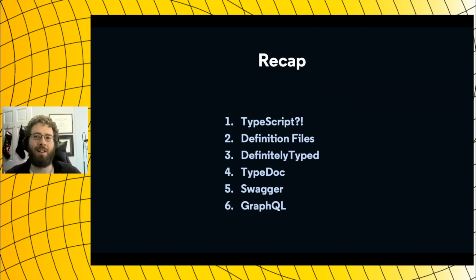Let's recap what we've talked about today. First, we went over what TypeScript is and how it can improve your JavaScript code authoring experience, agnostic of which JavaScript variant you're writing in, JS, TS, whatever. We then discussed how definition files enable JavaScript and TypeScript developers alike to reap the benefits of a strongly typed API, as well as the backing DefinitelyTyped service, which powers the definition files for a majority of non-TypeScript libraries.